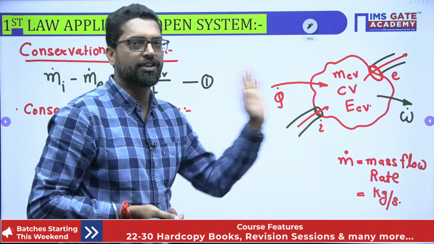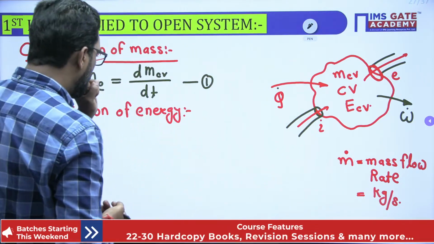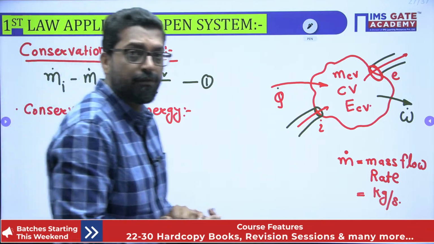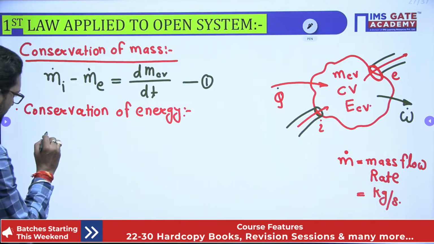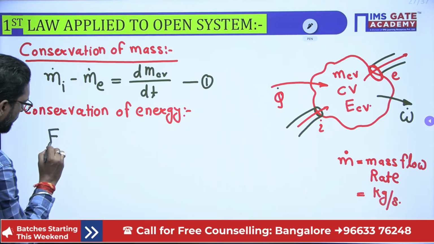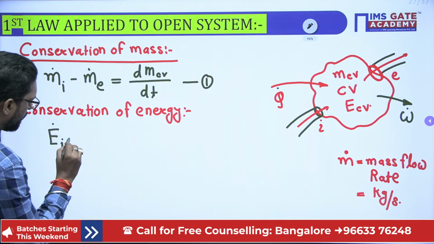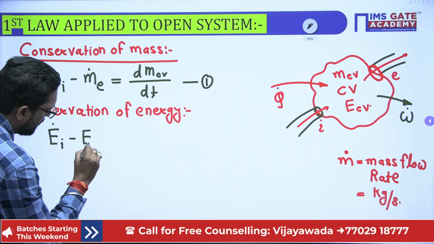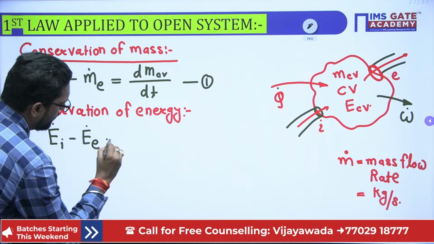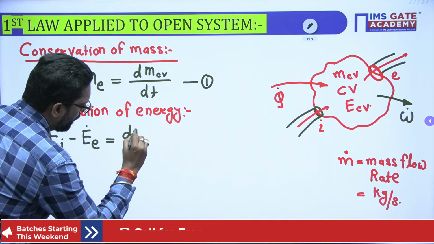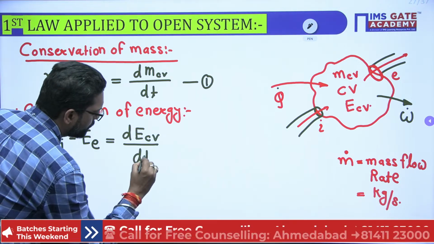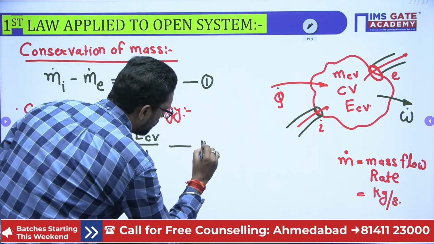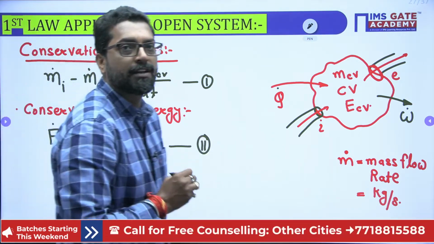Let's suppose they have positive signs. So what is the conservation of energy equation? We know that energy in minus energy exit is equal to the change in energy of the control volume. Yes or not? This we know. This is the conservation of energy.